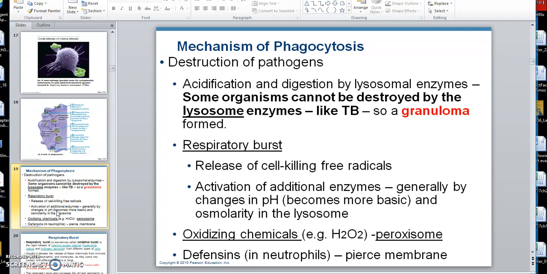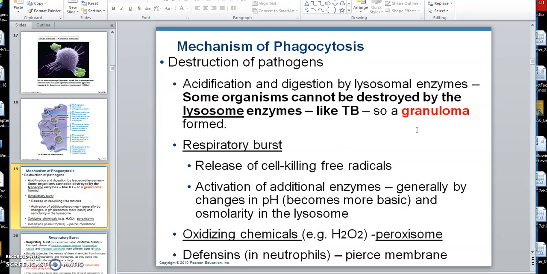But sometimes these killing chemicals cannot do it. They can grab, but they can't kill. And that's when you form a granuloma. A granuloma, clinically, is like this: let's say you're playing football. A running back is running and carrying the ball.